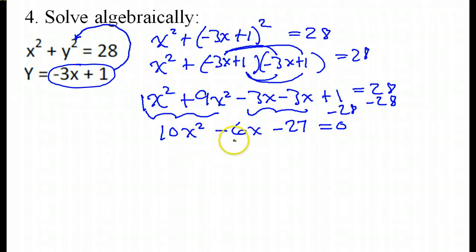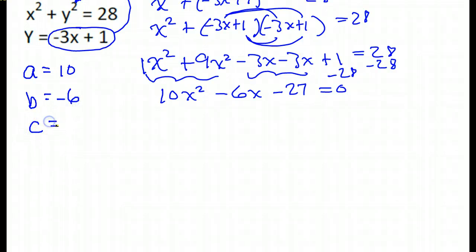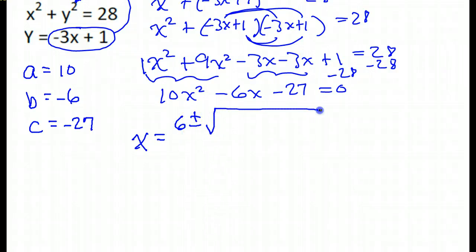I'm going to use the quadratic formula. If I glance at it and it looks like a challenge, I find it easiest to go straight to the quadratic formula. A is 10, B is negative 6, C is negative 27. The quadratic formula says x equals opposite of b, so positive 6, plus or minus square root.